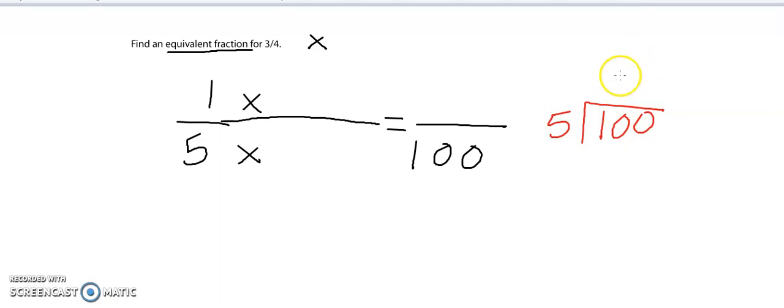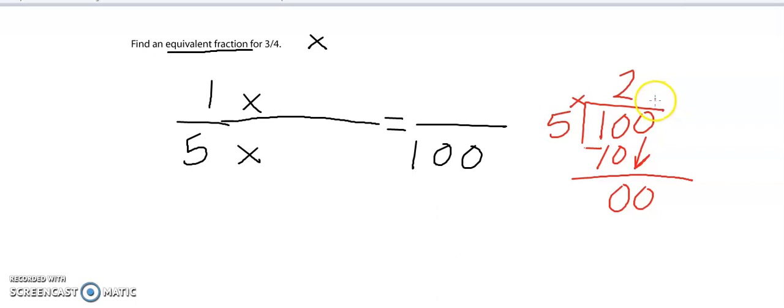5, 10, that gives me 2. Okay, remember, multiplication, inverse property. 5 times 2 gives me 10 here. Subtract. 10 minus 10 gives me 0. Can 5 go into 0? Nope. So now I drop down the 0. Can 5 go into 0? Nope. So can I leave the place value empty?